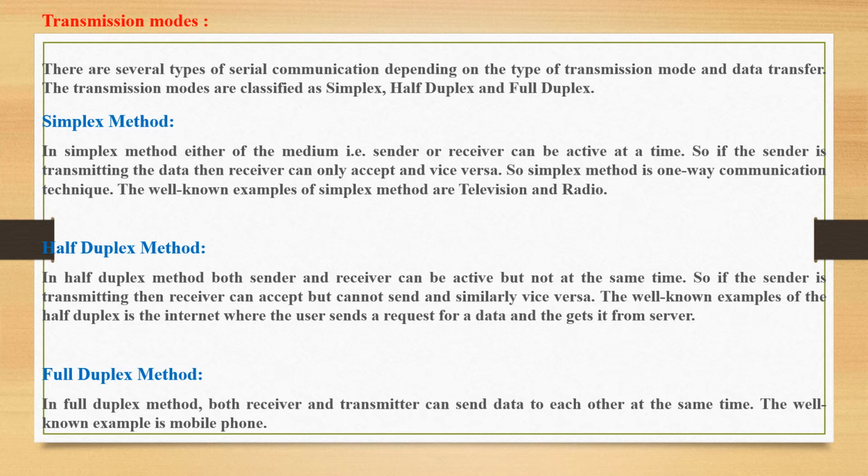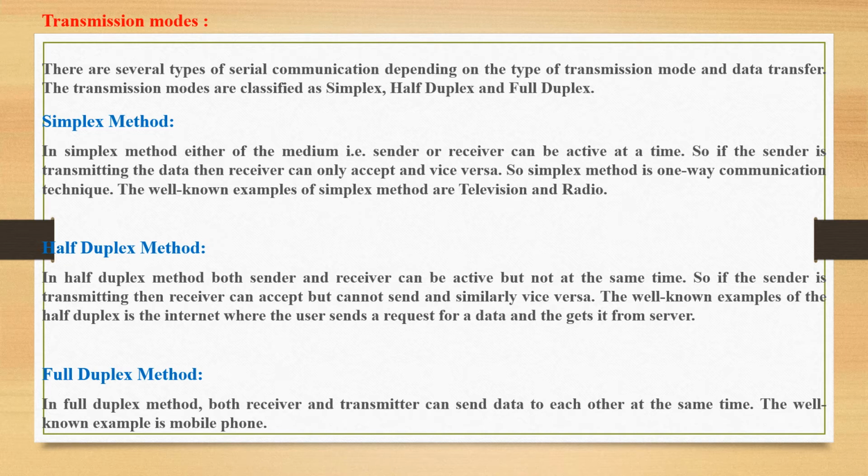In the simplex method, either the sender or receiver can be active at a time. So if the sender is transmitting data, the receiver can only accept the data, and vice versa. In simplex, one-way communication is possible, and well-known examples are television and radio.